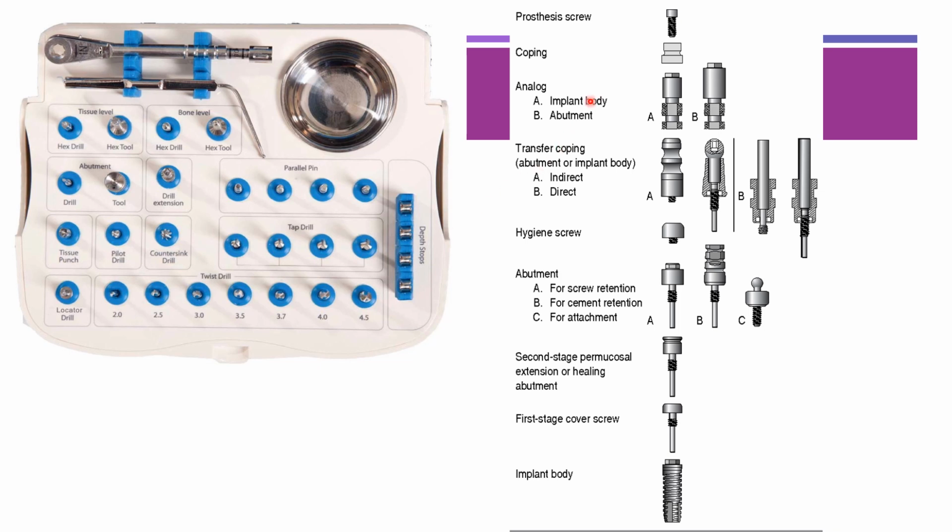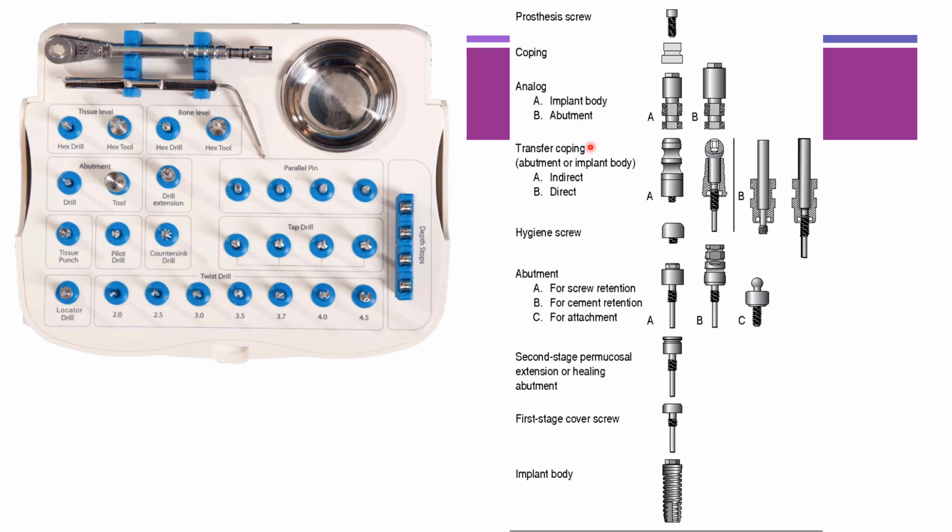Coming to the prosthetic parts, the screw is for retaining the abutments, and we have the coping, a thin covering to the implant abutment that serves as the connection between implant and prosthesis. We have the analog, used in the fabrication of the master cast to replicate the retention portion of the implant or abutment.